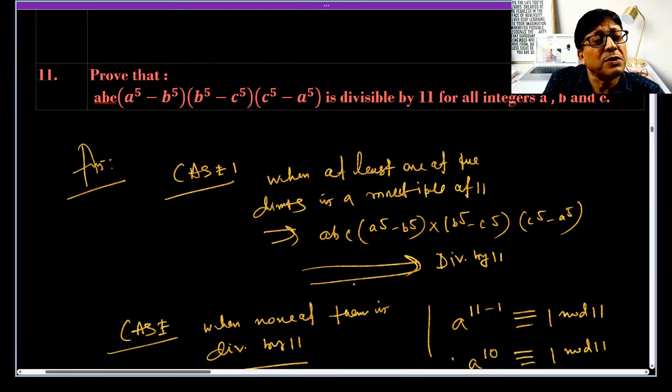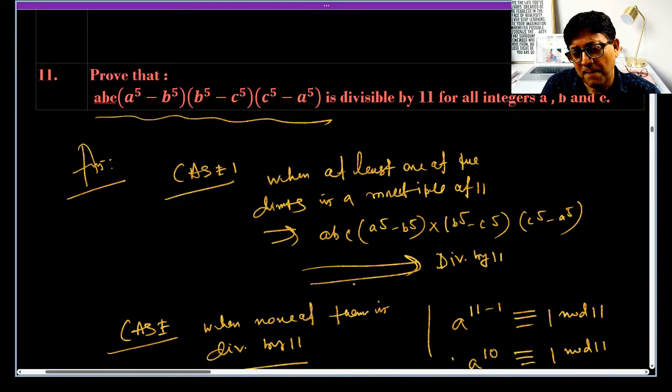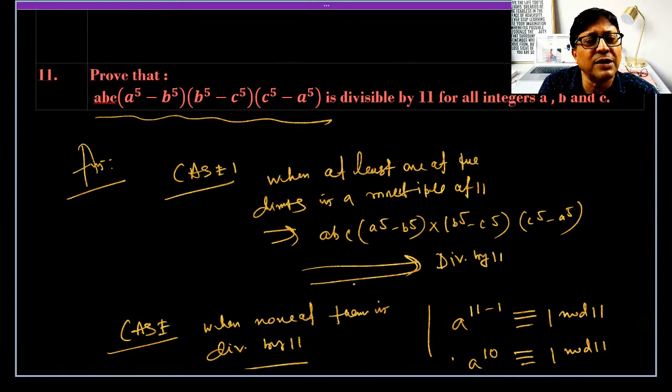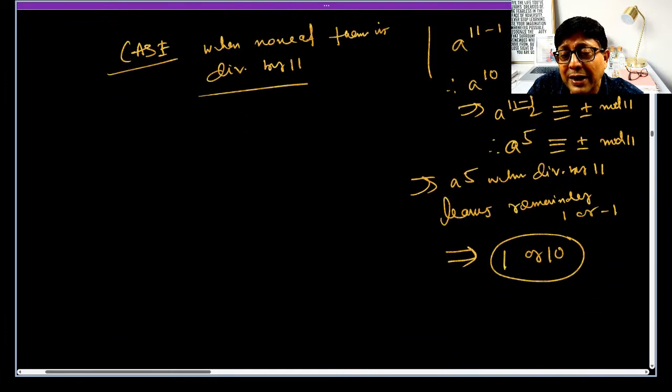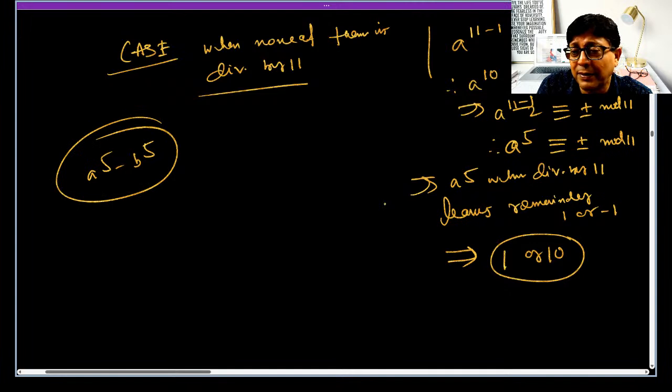So out of these products, you consider 3 quantities: this one, and similarly b to the power 5, and similarly c to the power 5. So when you write a to the power 5 minus b to the power 5, then what will the remainders be?